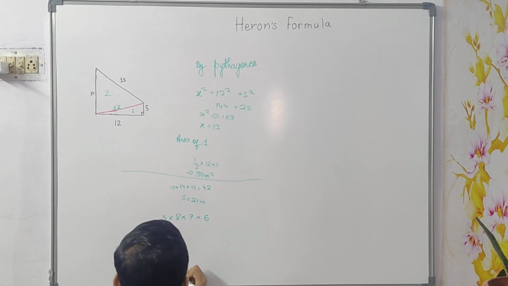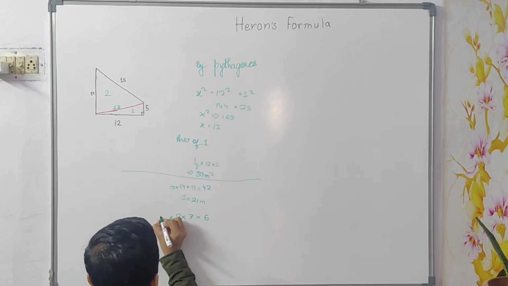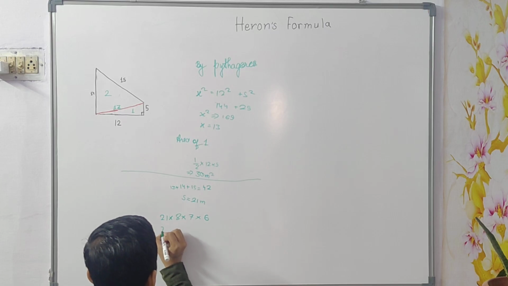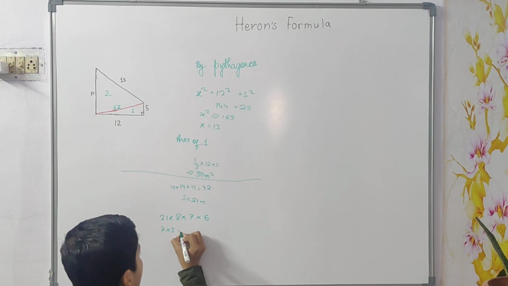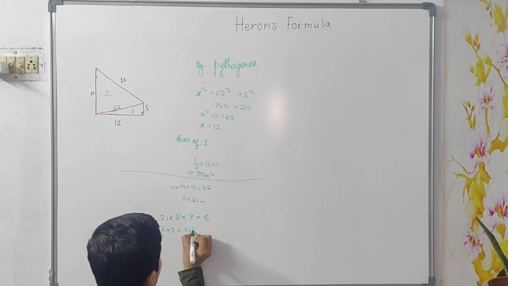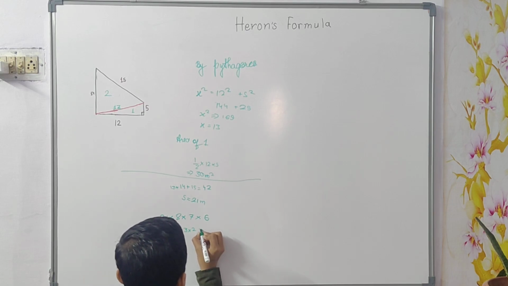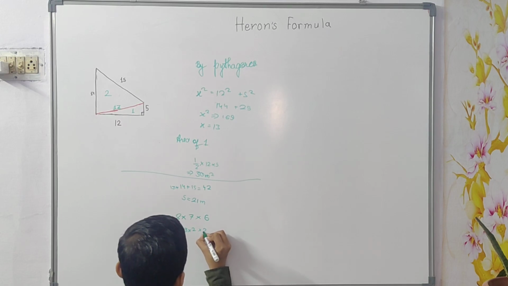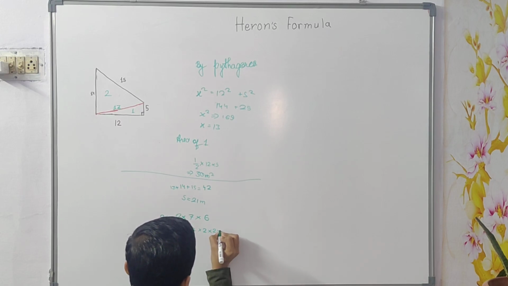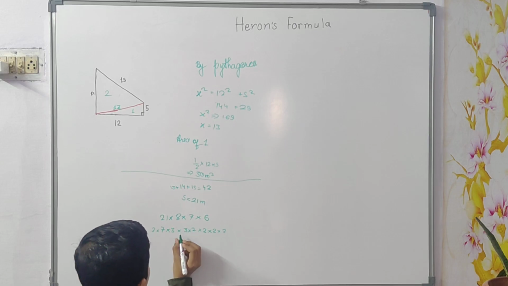So 21 is 7 into 3, and 6 can be written as 3 into 2, and 7 is over here, 7. We can write 8 as 2 into 2 into 2.